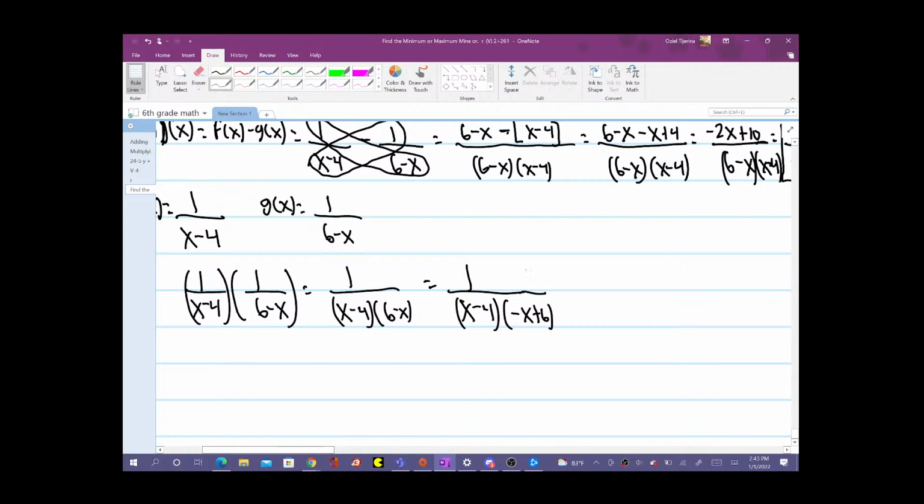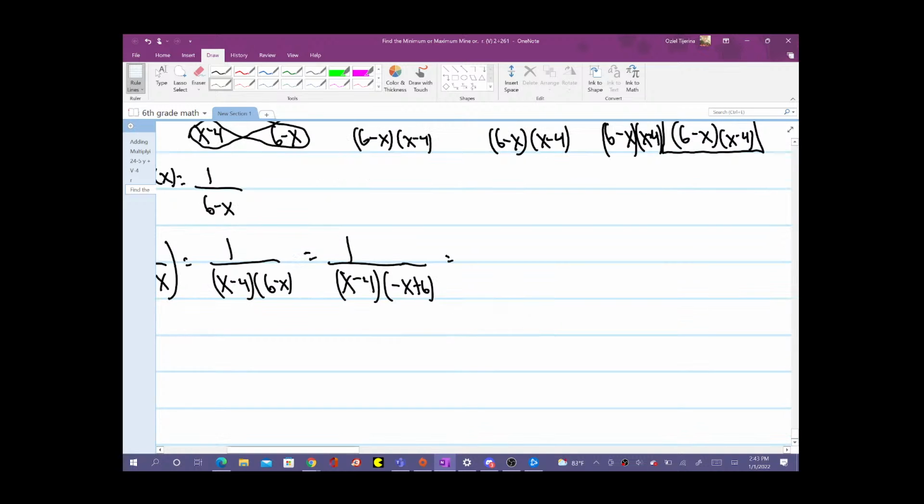You can also do the FOIL method on the bottom, so you get 1 over negative x squared plus x plus 4x minus 24. This becomes 1 over negative x squared plus 10x minus 24.